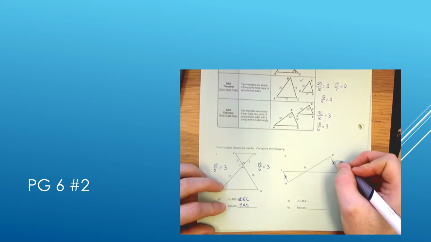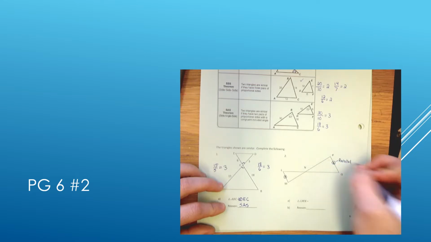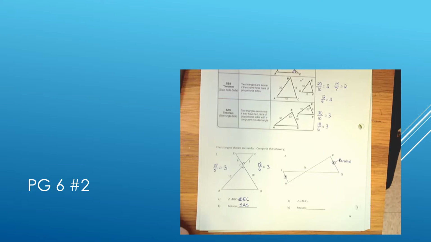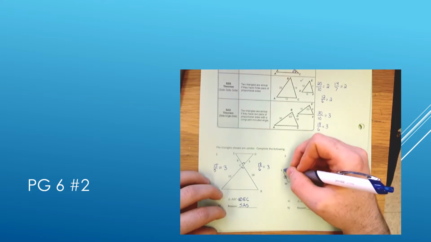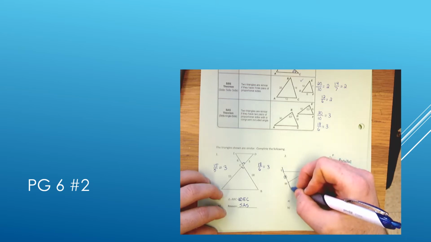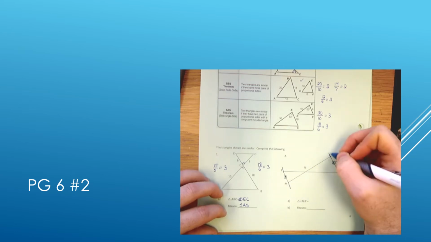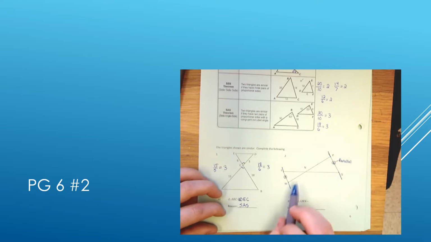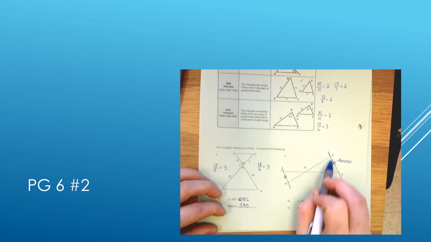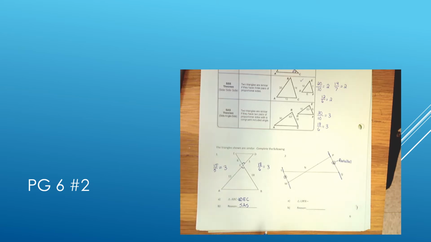If you don't remember, that means that these lines are parallel. And when they are parallel, something that I've said in my class to really emphasize that is I like to extend those lines. So I know those are parallel lines, and that would mean that the lines inside are the transversal, or the lines that cut through parallel lines.